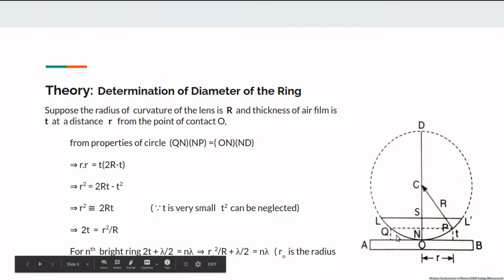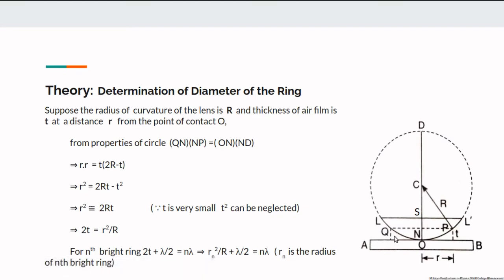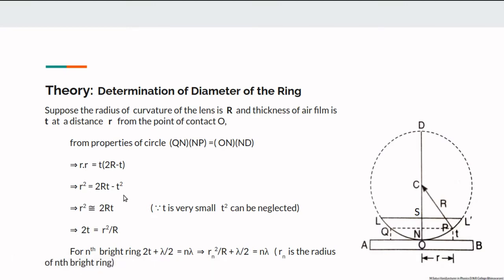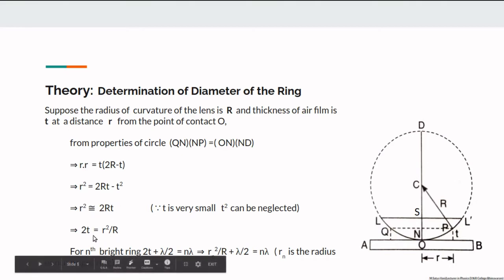That means the thickness of the film is very, very small. As t is small, t square is very, very small, therefore it can be neglected. Then this equation becomes r square is approximately equal to 2Rt, as t square is neglected. Then 2t is equal to r square by R.